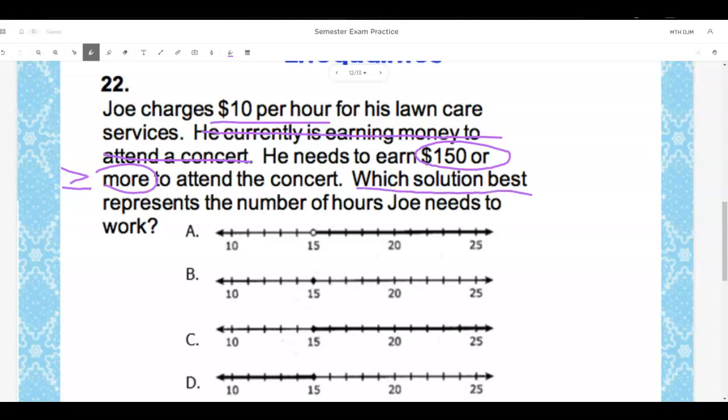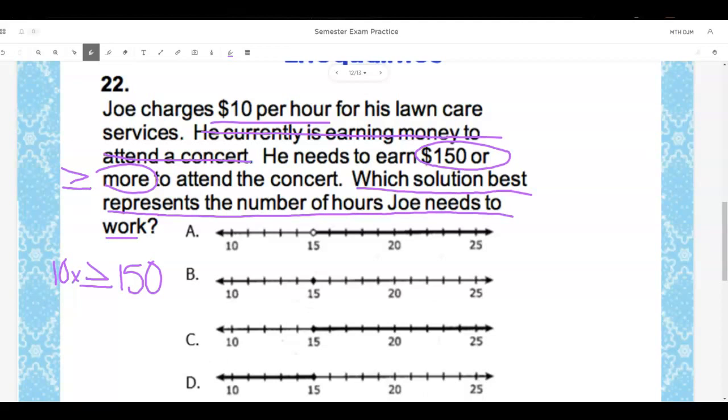Which solution best represents the number of hours Joe needs to work? All right, so I know that he has to make more or equal to 150. And I'm trying to figure out at $10 an hour how many hours. $10 and X. 10 times a number would be greater than or equal to 150.